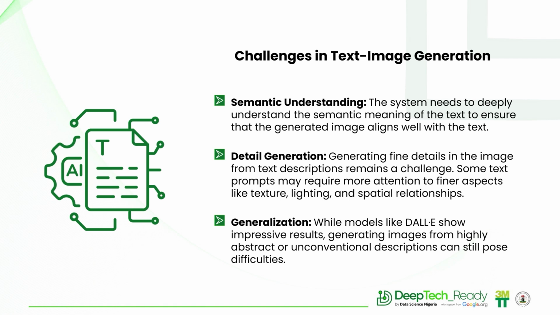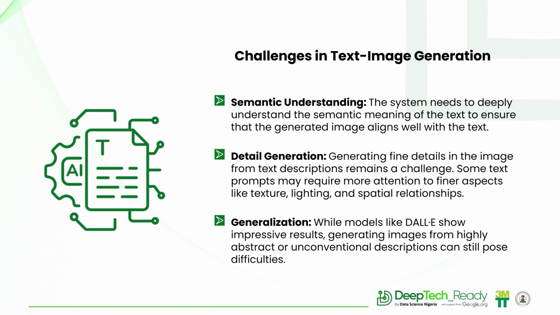It requires more attention with respect to texture, lighting, and the spatial relationship, so as to illustrate what is being said in the text. But of course, the field is evolving and things are getting better with time. Then another challenge is generalization.